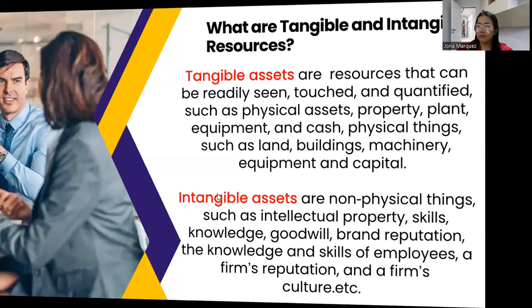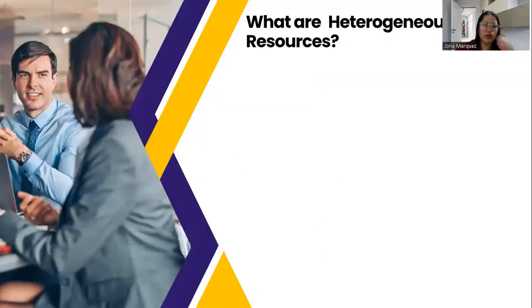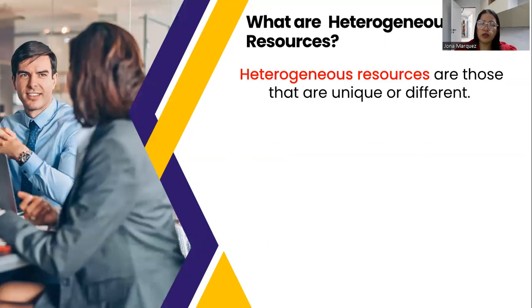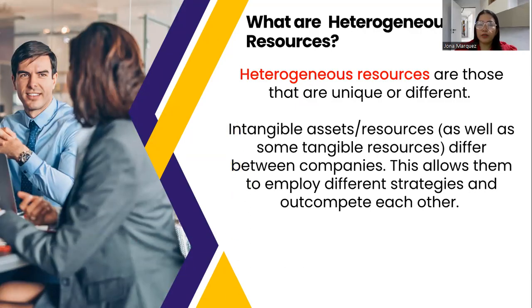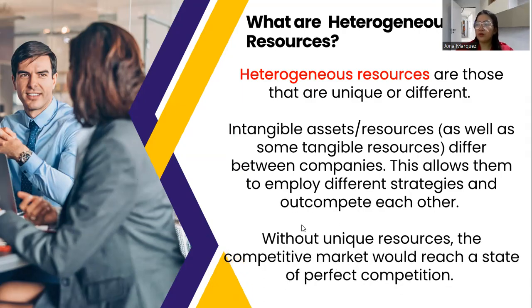So, let's proceed. When we say heterogeneous resources, these are the unique or different intangible assets or resources, as well as some tangible resources, that differ between companies. This allows them to employ different strategies to compete with competitors. Without unique resources, the competitive market would reach a state of perfect competition.